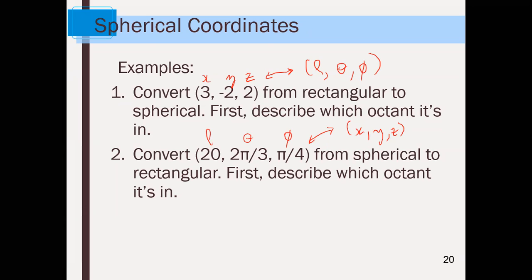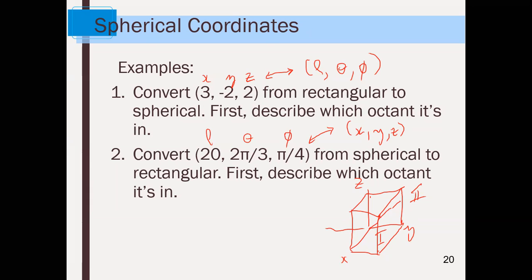So here's x, y, z. Octant 1 is this one right here, this area. The only thing is y is negative 2 here, so it moves us from octant 1 over to here.